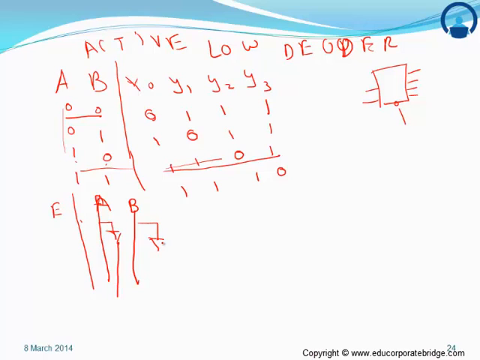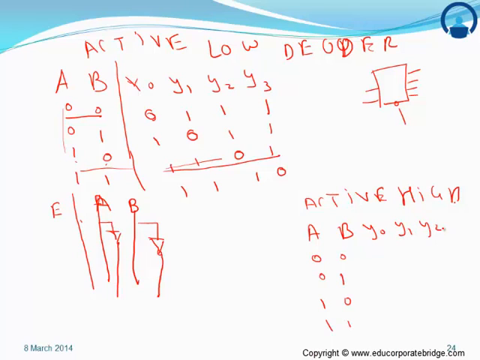Similarly, B will have one inverter or NOT gate. And the outputs are Y0, Y1, Y2, Y3. From the active high decoder, for A, B equal to 00, 01, 10, 11: Y0 selected, rest all 0; Y1 selected, rest all 0; Y2 selected, rest all 0; similarly, Y3 selected, rest all 0.